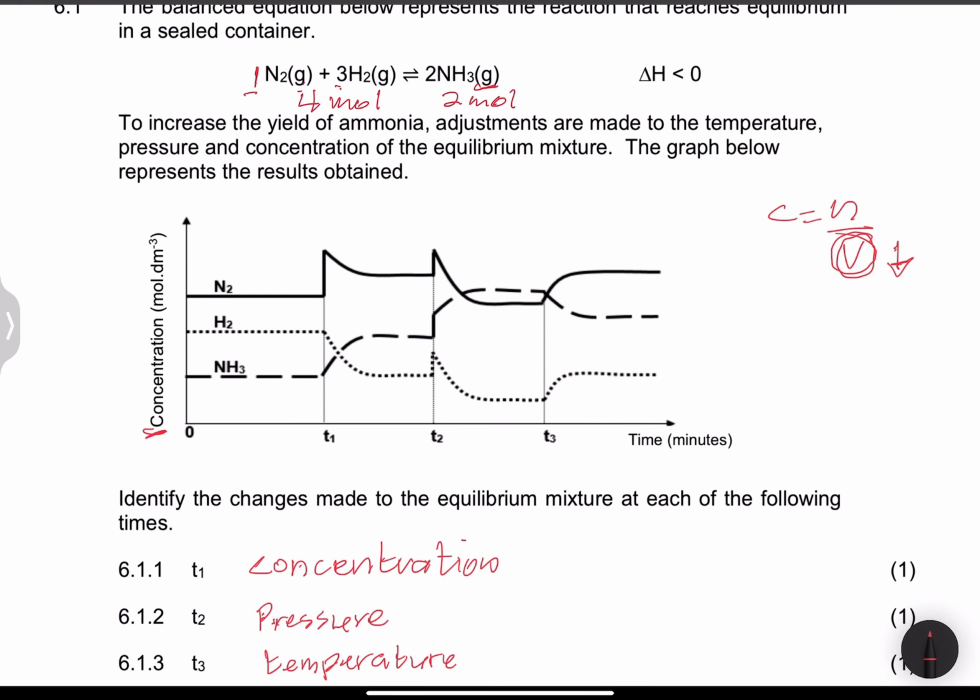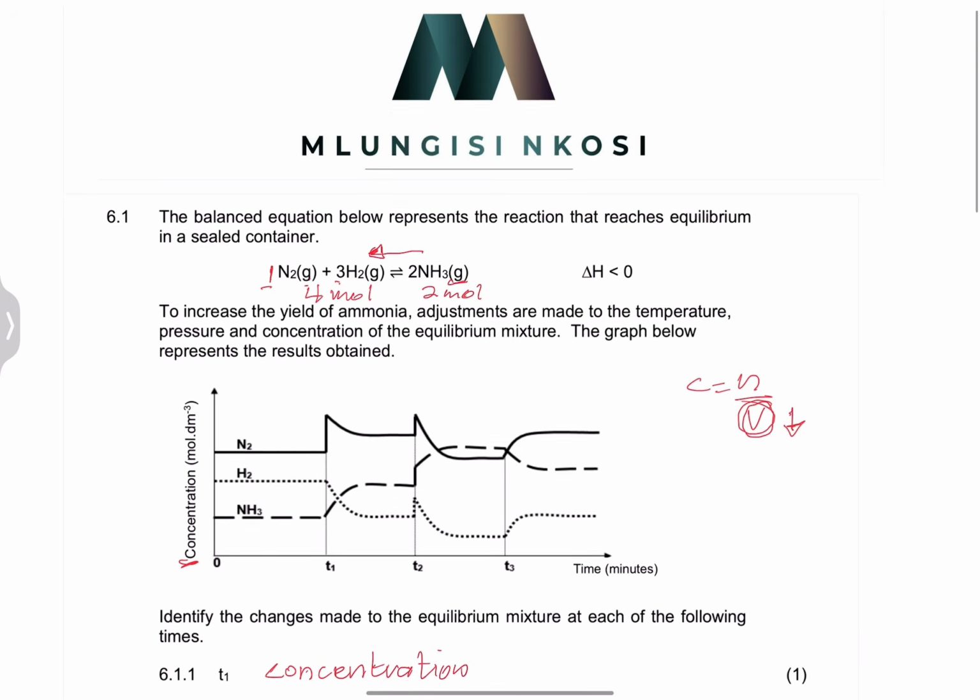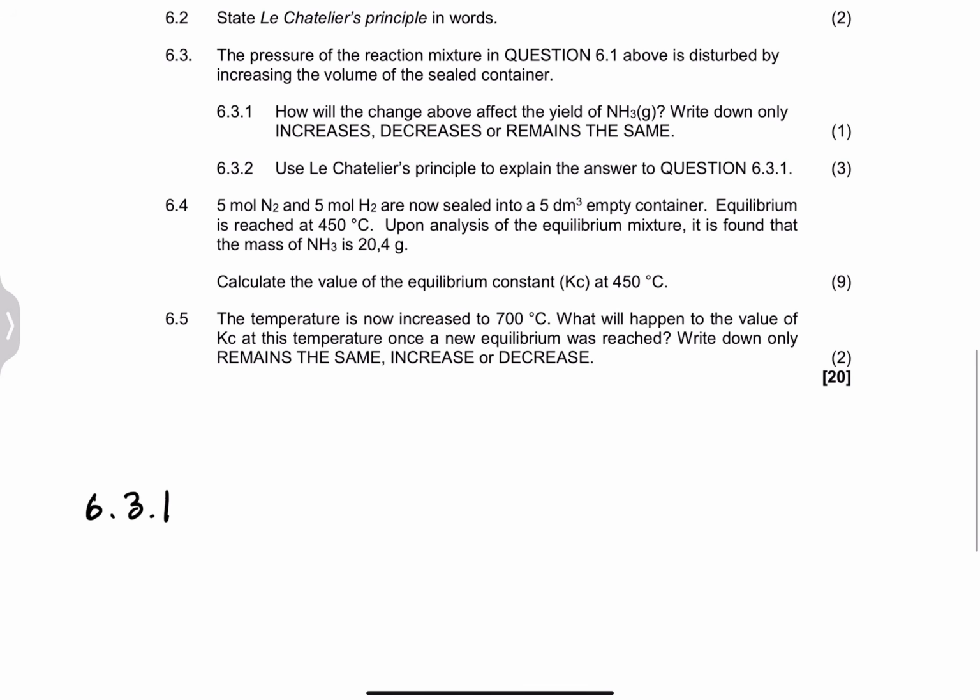As a result, we will favor the reverse reaction, which means that our yield will decrease.